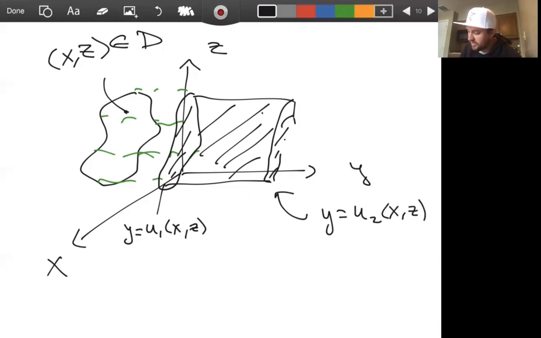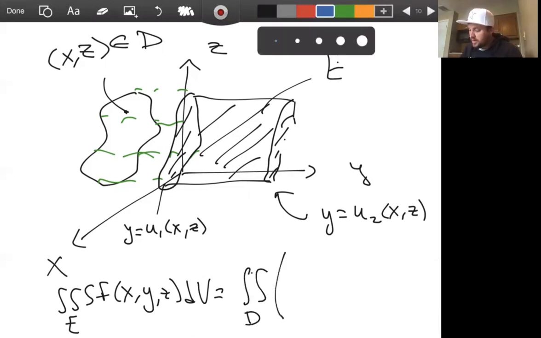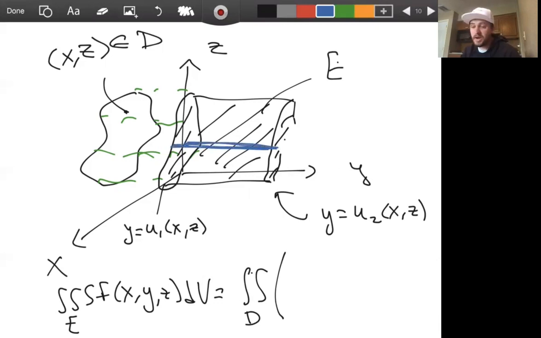And that means if we call this region E, then the triple integral over the region E of f of x, y, z dV would be the double integral over this region D, but then the height, this height in the y direction, now it's height in the y direction.